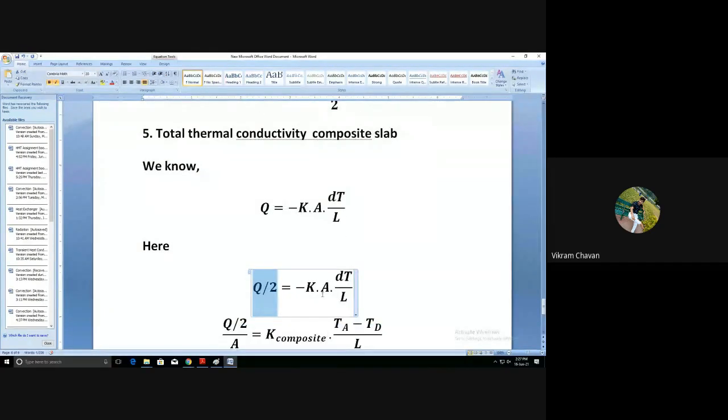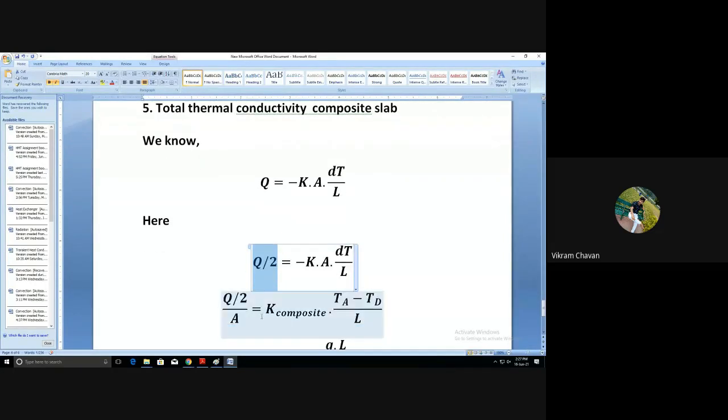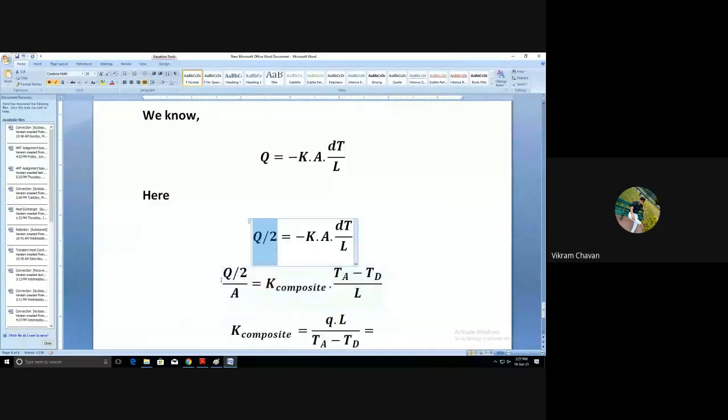It will be equal to minus K multiplied by A multiplied by dt divided by L, that is the temperature gradient. So we can modify this equation. If you take this A on this side, we will get Q by 2 divided by area.